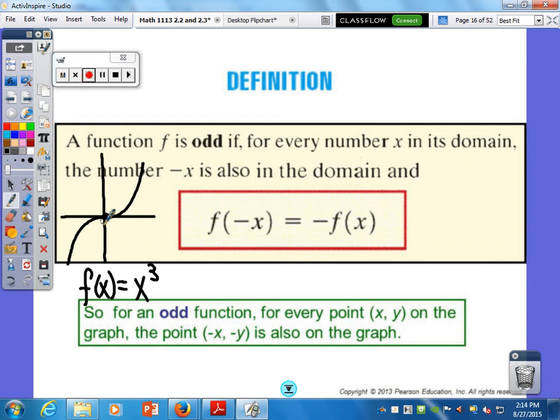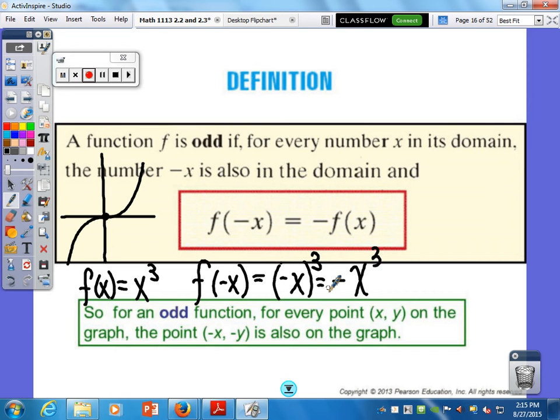What it says is if I substitute a negative x in and run it through x cubed, what is negative x times negative x times negative x? It's going to be negative x to the third power.